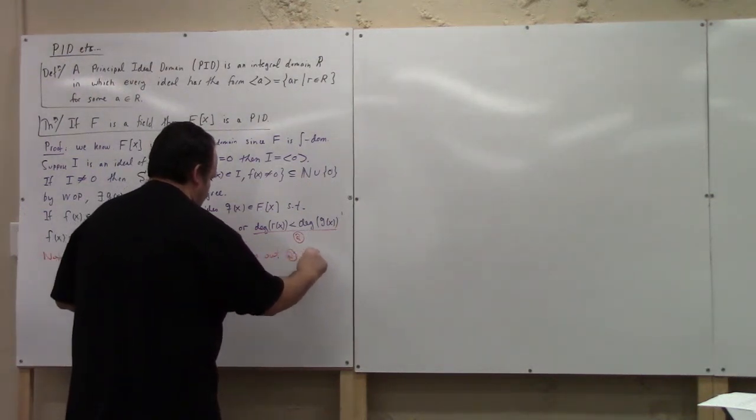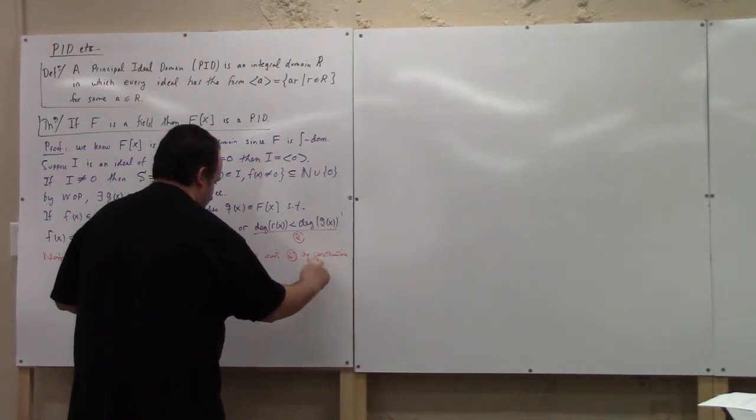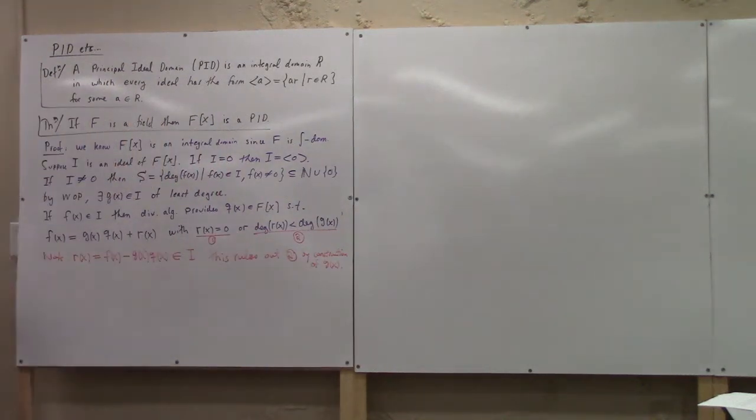By construction of g(x). g(x) was the element of least degree. Well, I shouldn't say the element, I should say it's an element of least degree. There can be many elements of least degree, but this is one of them, g(x), and r(x) cannot be non-zero in this division algorithm, otherwise it contradicts the least element property for g.